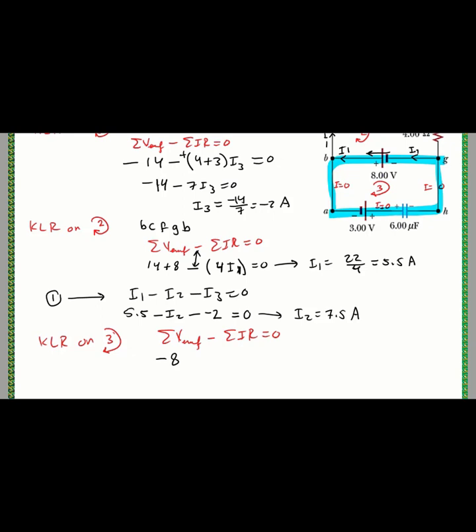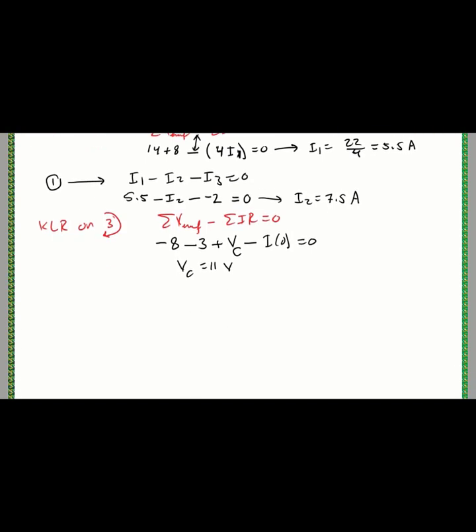It is minus 3. And the potential difference on the capacitor is in the same direction of the analyzing, so it is positive. The capacitor minus no resistance from A to B to G to H to E to A, so I times 0 equals 0. So VC equals 11 volts.